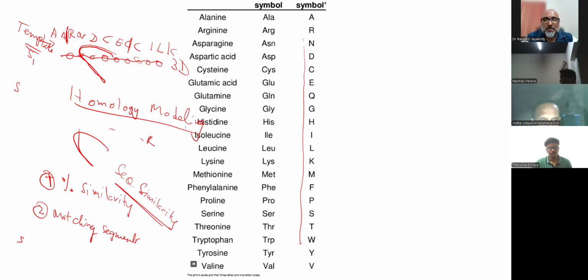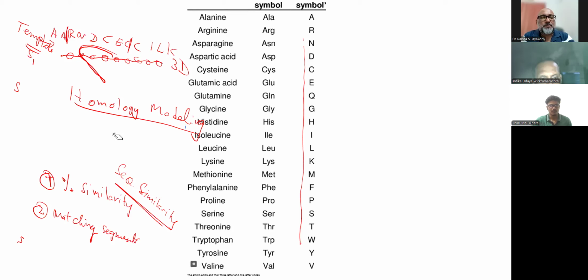Now what you have in hand is a brand new sequence whose 3D structures are not known. Sequence 2. This is your query, the brand new sequence.